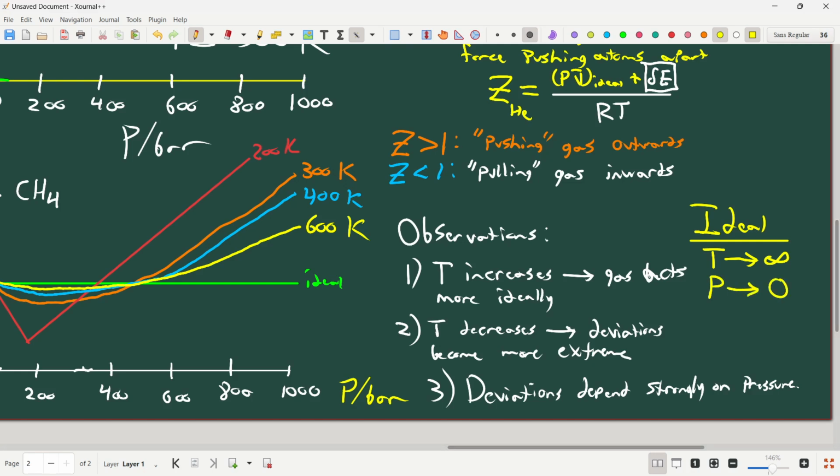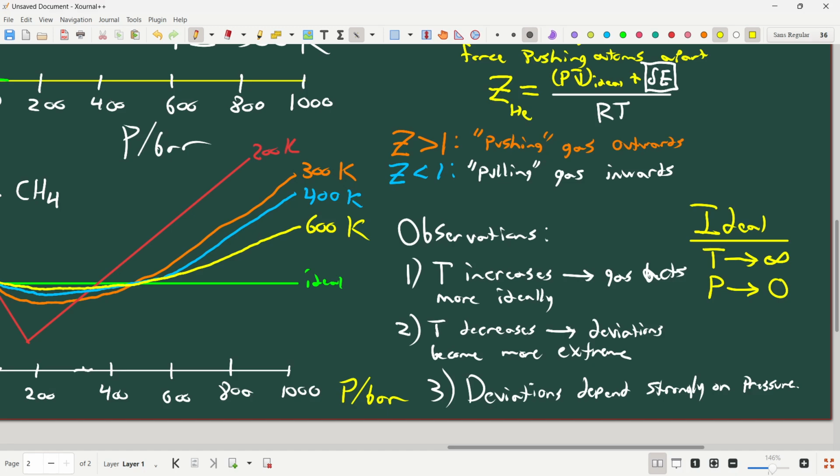A perfectly ideal gas has infinite distance between each of the atoms in the gas, so the volume is massive, or the pressure is small, and it's really, really hot. So ideality only happens at these two limits, or ideally both. But we can take a gas at any temperature and bring the pressure to very small pressures, and then we get ideality back. Or we can take something at very high pressure and heat it up and get ideality back from it as well.